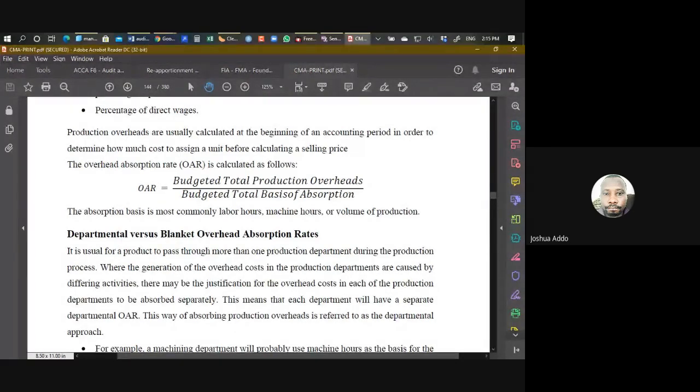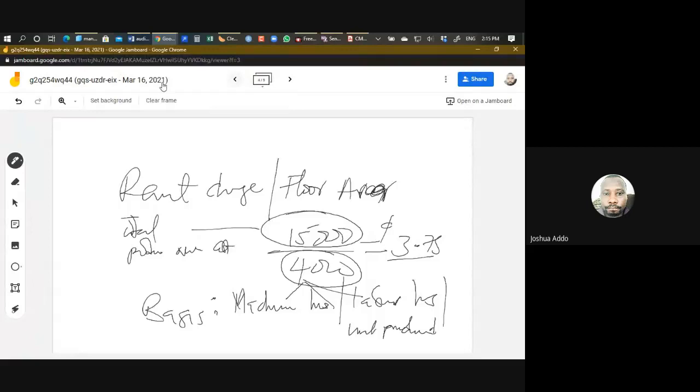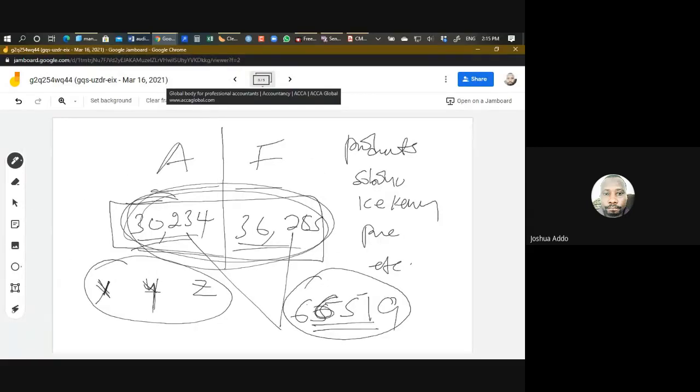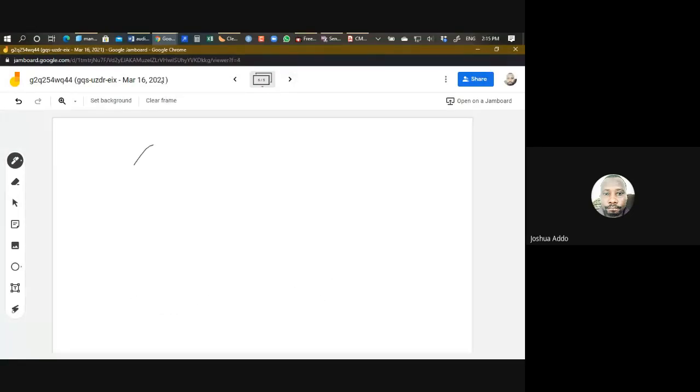Then we have to also get our total production overheads. So if you go back a little, you will see if you are using the blanket approach, then the organization-wide total production overheads will be the sum of the two production departments, giving us 66,519. So it will be this 66,519, which we divide by the 3,800.